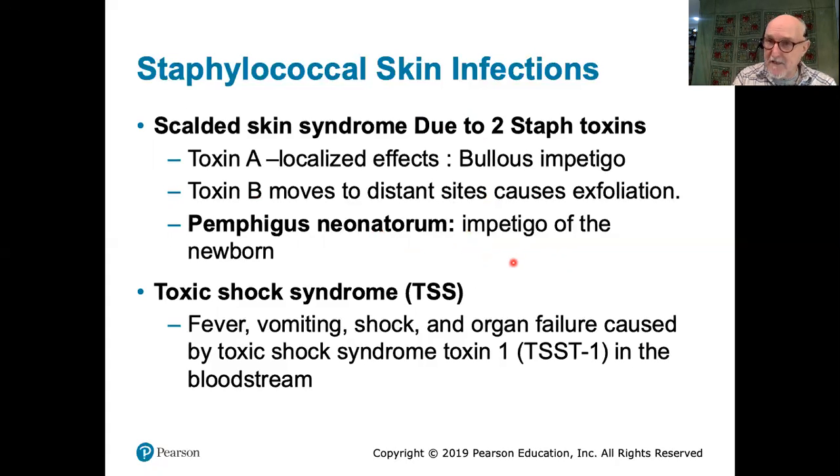But this kind of blistering and exfoliation produced by Staph aureus can be serious in infants. So the other thing about Staph aureus, it really can be regarded as a skin disease as well, is this terrible syndrome called toxic shock syndrome.